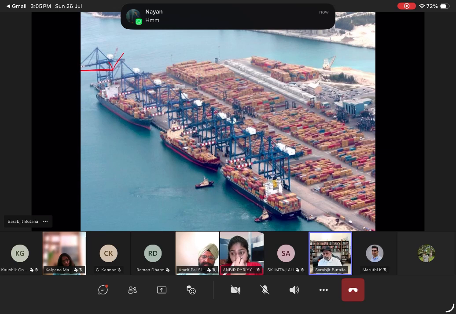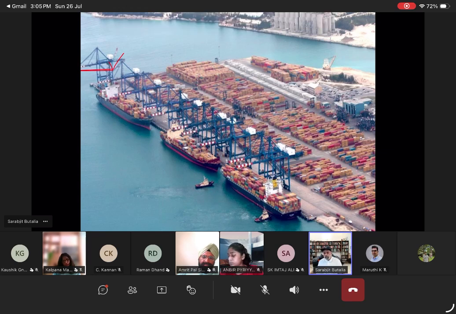If you're going to Nhava Sheva and there are 3 slots, only 3 ships can come in, and there are 10 ships waiting, then your turn will only come when these ships move out. It's like when you land at an airport and they say the terminal where you have to dock the plane is occupied, so you are waiting.